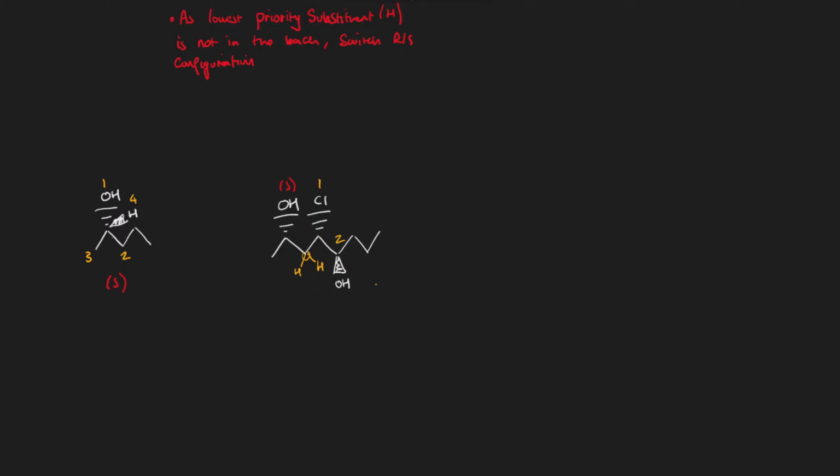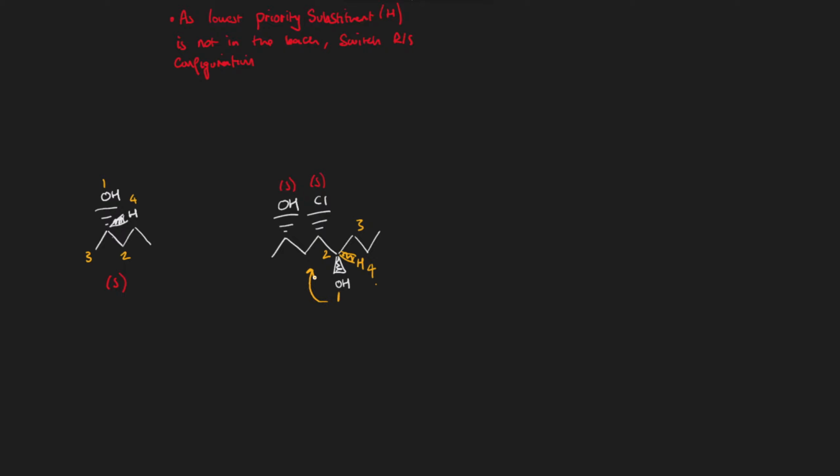And finally, let me get rid of some of this to make it easier. This is S again, and we have our last chiral carbon, hydrogen coming off here. So the oxygen's obviously got highest priority. Then this chain attached to the chlorine and the other oxygen, second priority, third priority, fourth priority.